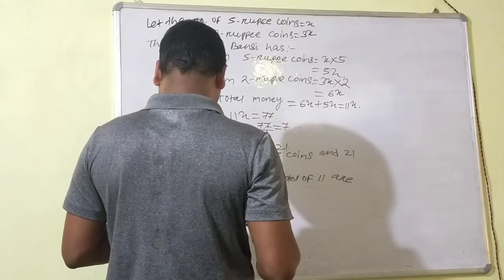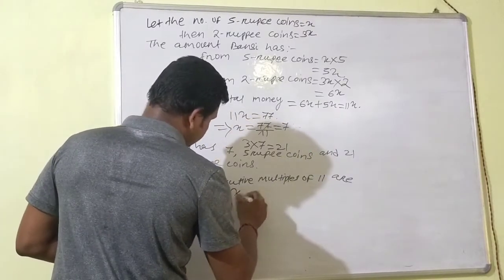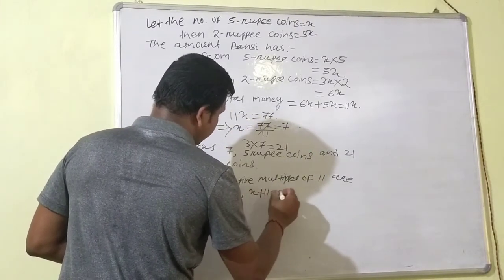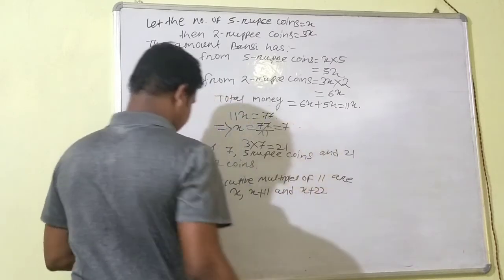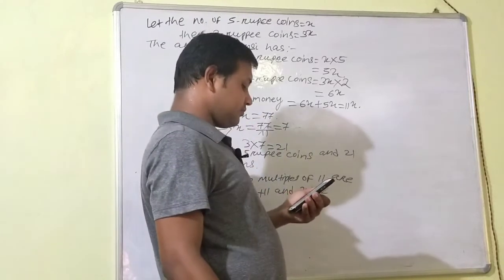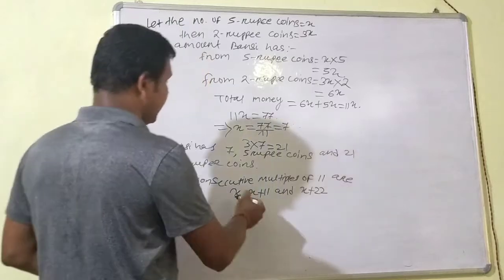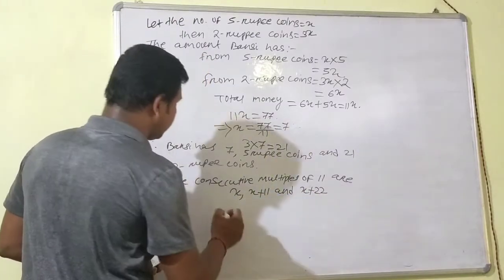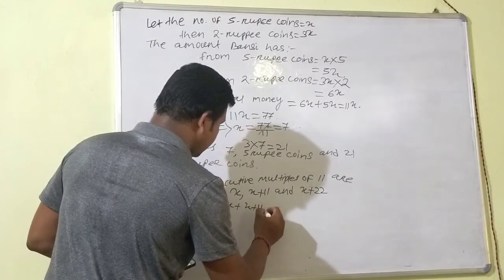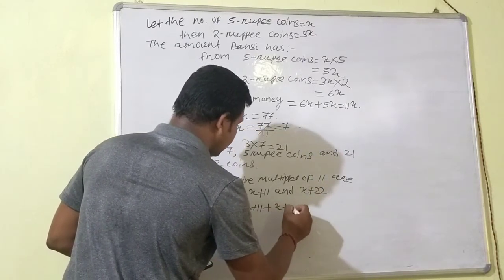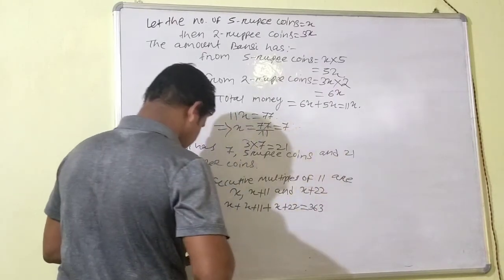So 3 multiples of 11 are x, x plus 11 and x plus 22. It's given the sum is 363. So we'll add this 3, which is equal to 363. x plus x plus 11 plus x plus 22 equal to 363. Okay.